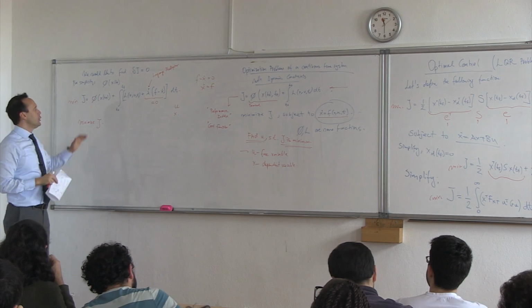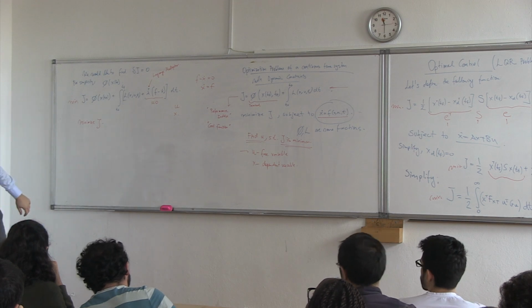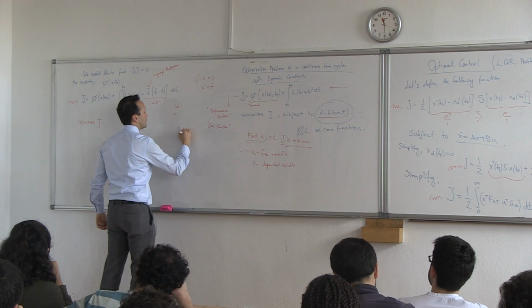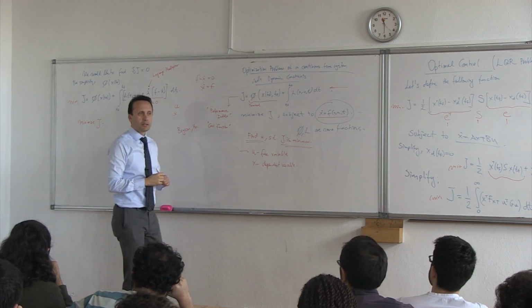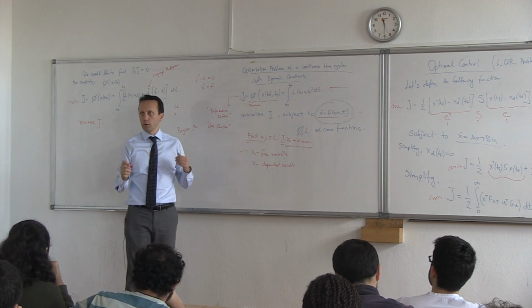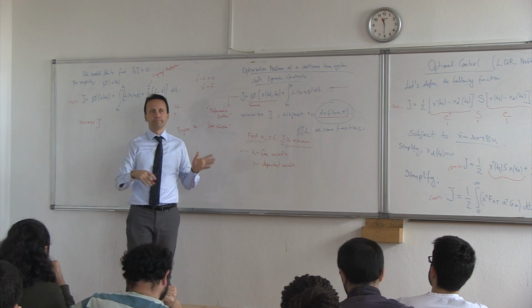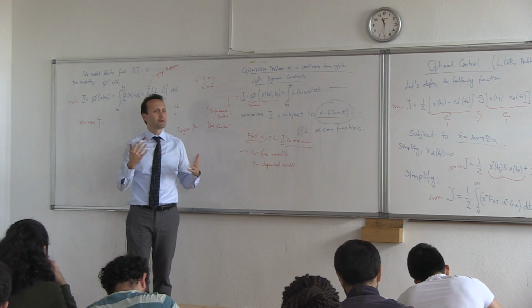Now, if you really want to know where these things are coming from, I encourage you to read our book. It's in the references. Bryson and Hall are the authors of this book. It's in the references of this class, or in the syllabus. It's called Optimal Control and Applications or something like that.